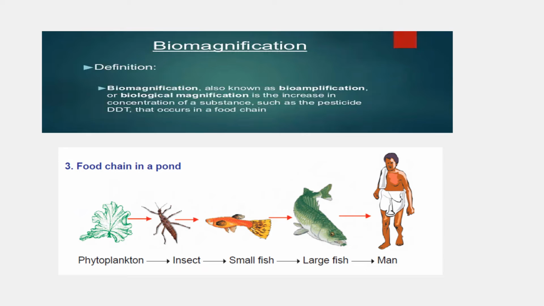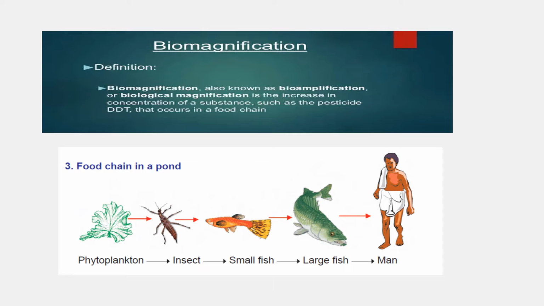So here the DDT, that is biomagnification, also known as bioamplification or biological magnification, is the increase in concentration of a substance such as pesticide, DDT, dichloro, diphenyl, trichloroethane, that occurs in a food chain. Are you clear? So this is an example. You should take this as a food chain example, how it affects each trophic level by the deposition of this DDT.